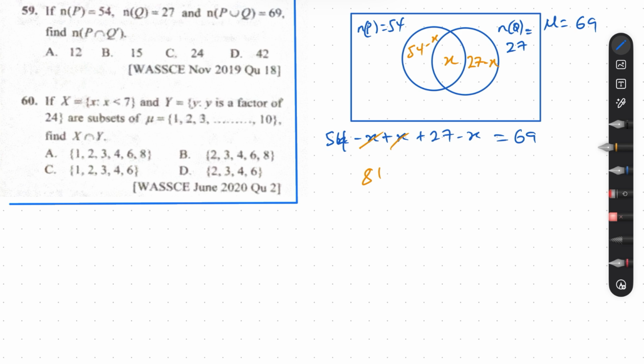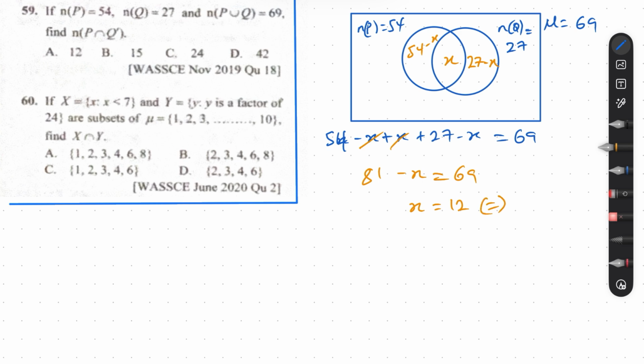Okay, 81 minus X is equal to 69. So X will give us 81 minus 69, that would be 12. So X is 12.